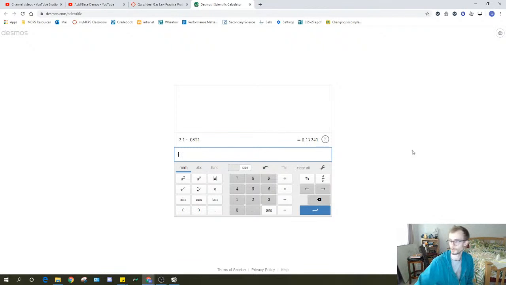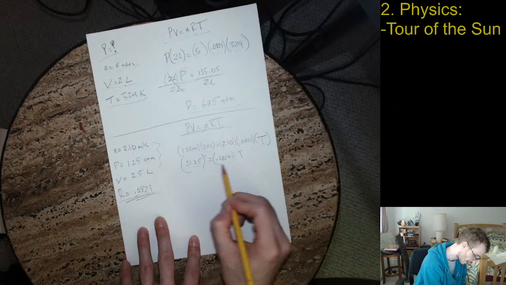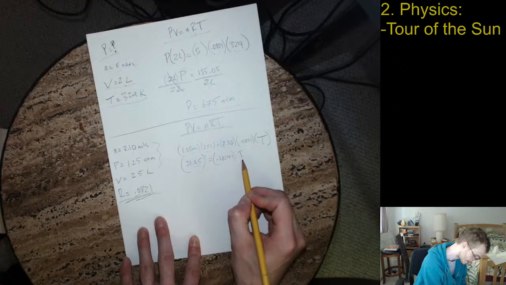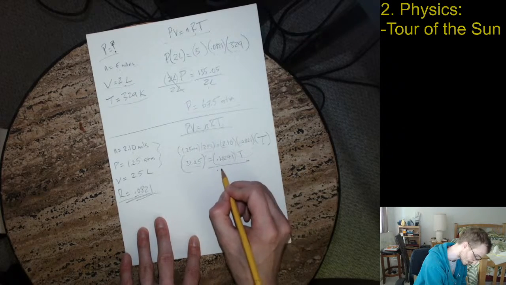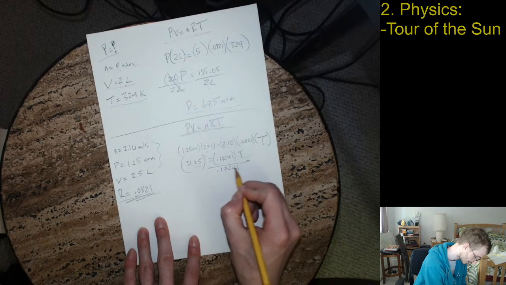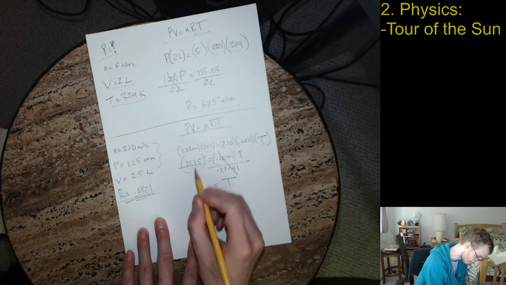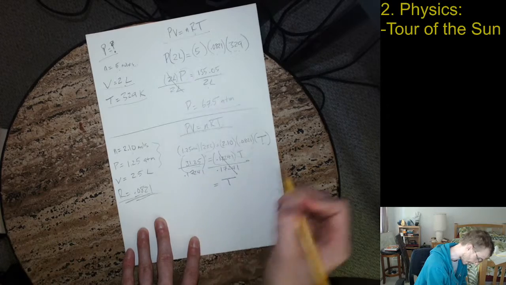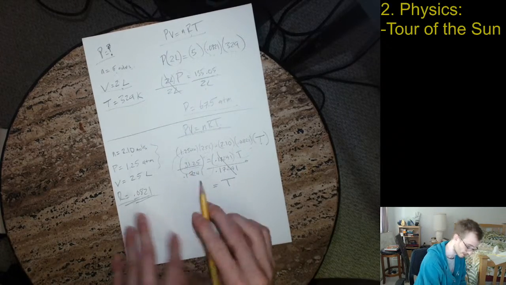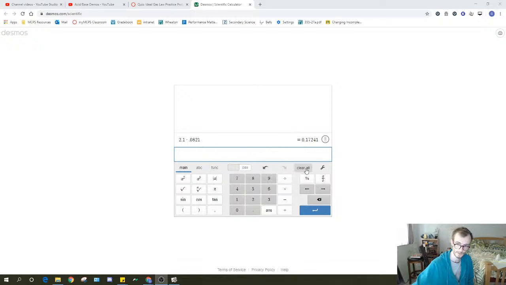Okay, so I'm going to pop back to my paper and see what I've got. So I have 31.25 equals 0.17241 times T. So in order to get T by itself, again, I have to divide both sides by this number here. That'll cancel that out. I'll be left with just T on this side. And then over on this side, when I divide by 0.17241, I need to use my calculator to find out what this fraction is. So I go back to my calculator. Clear everything.